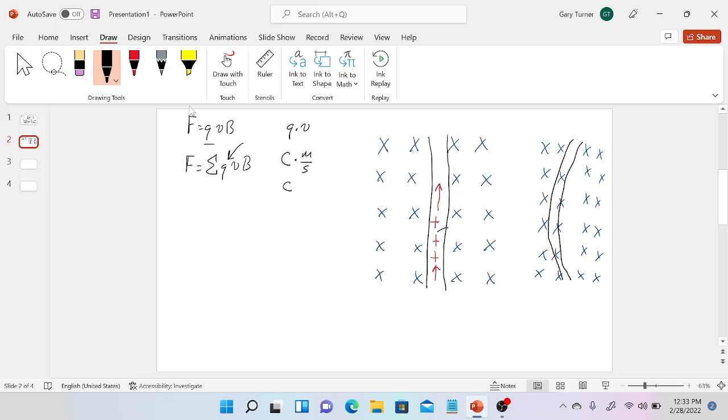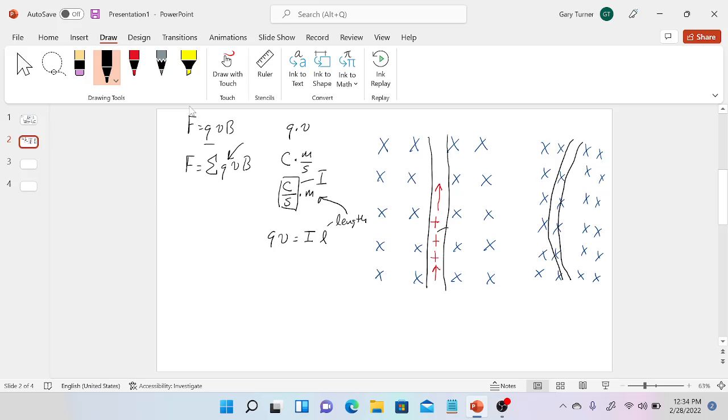But coulombs per second times meters is the same thing, and coulombs per second is current. So QV is equal to IL, where L is now a length of the wire. And that would be the meters in the units.